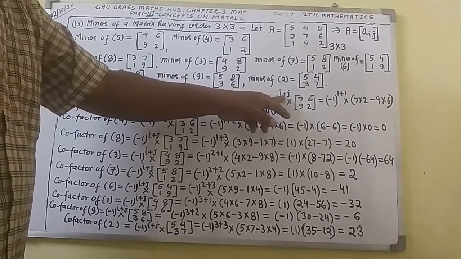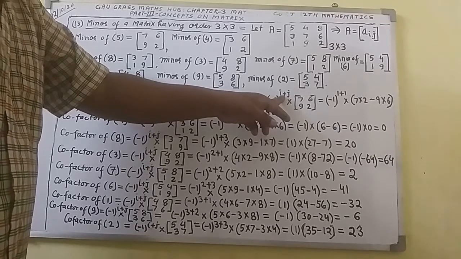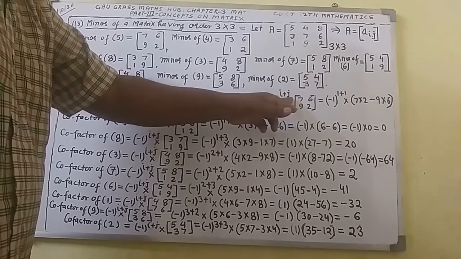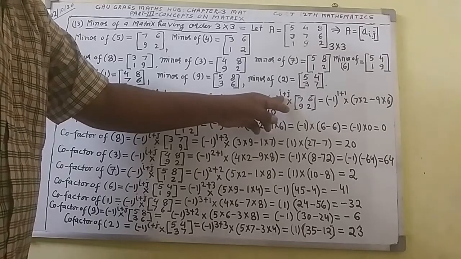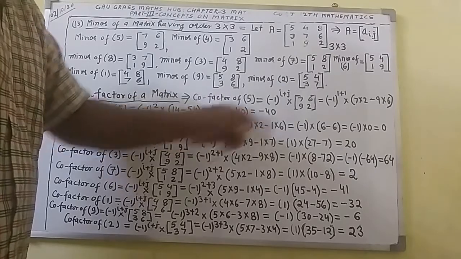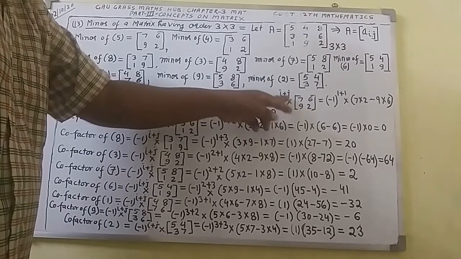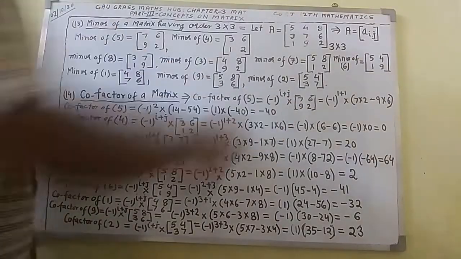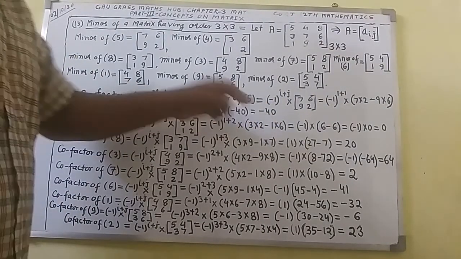Here small i represents the row position of element 5, and small j represents the column position of element 5, into the minor of element 5.